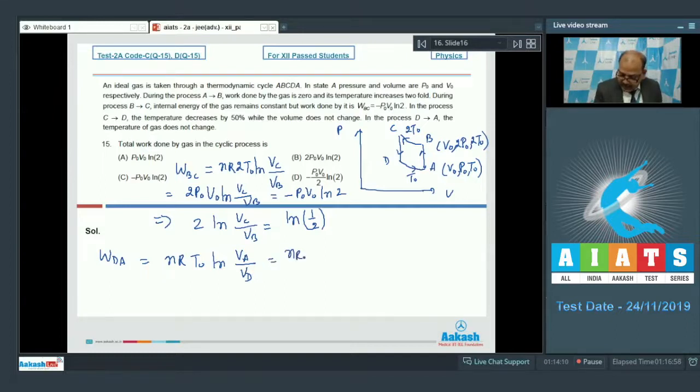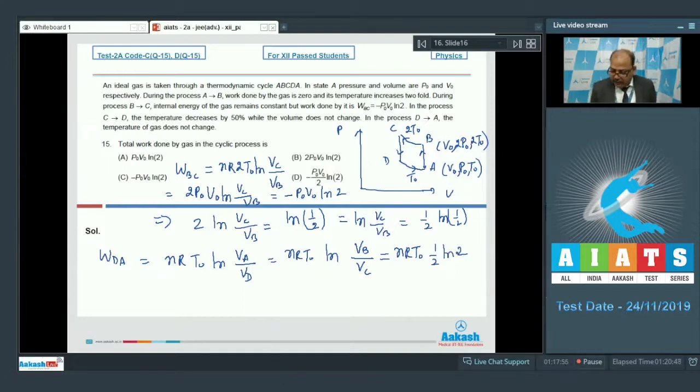This is the same as nRT0 ln Vb by Vc, and we can see here that ln Vc by Vb is equal to 1 by 2 ln 1 by 2, and this will be equal to nRT0 times 1 by 2 ln 2.